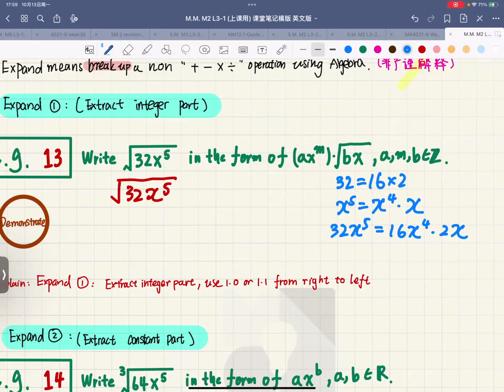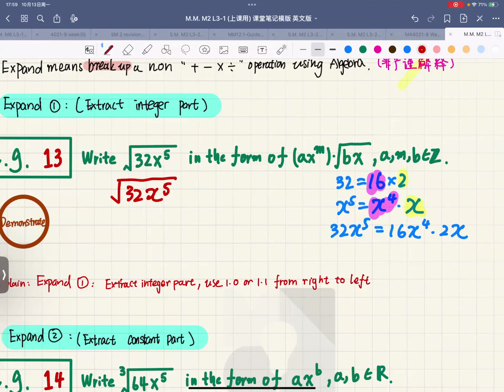Does that make sense? Basically, we have 16x to the power of 4 as one group, and 2 and x as another group or term, 2 terms. All right, now let's do this. Don't forget the square root, okay?